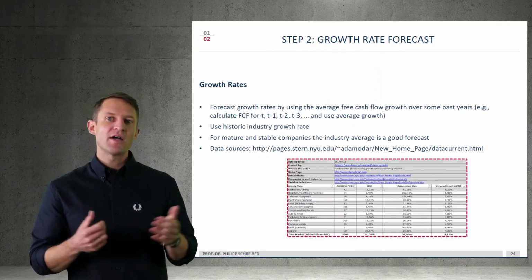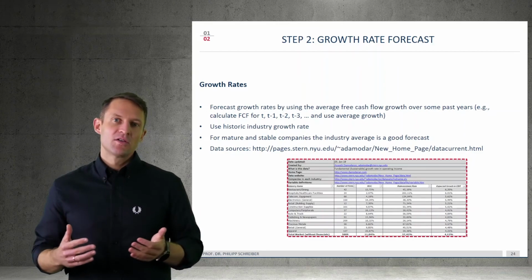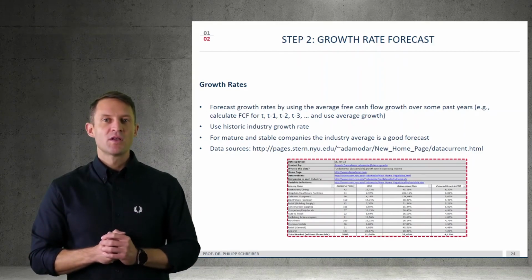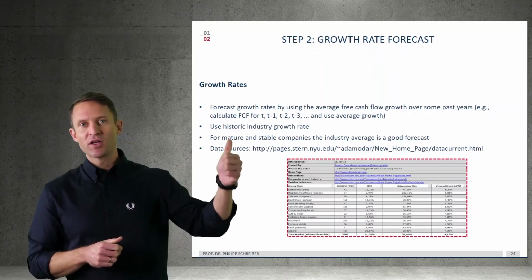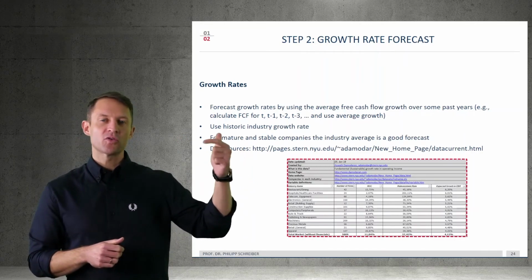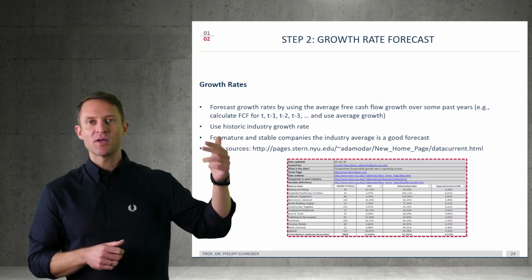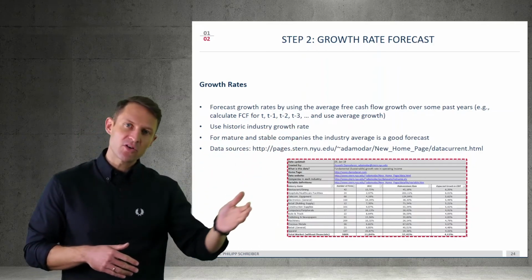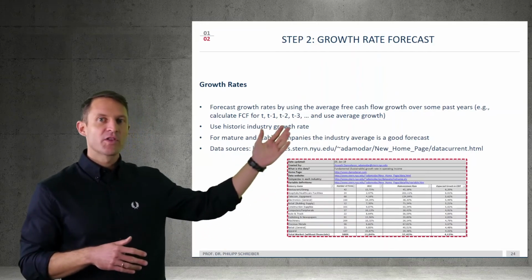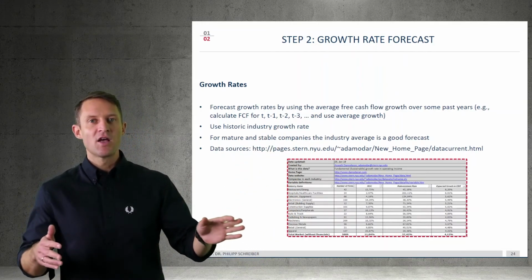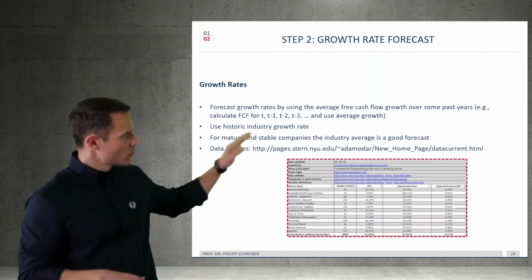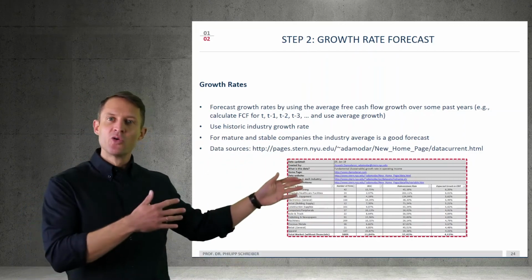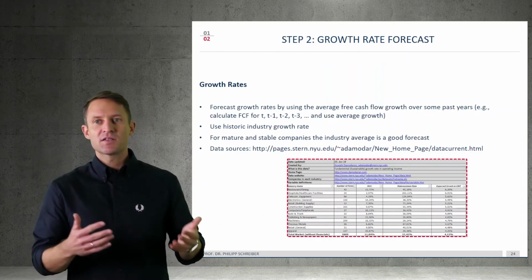And there are two ideas you could come up with. Let's say we are at the end of year 2022 and we calculated the free cash flow for 2021, for 2020, for 2019, 2018, and so on. What you could do is take the average cash flow growth over the past 10 years and say, okay, I just assume in the future the cash flow will grow by the same rate it grew in the past. That is something you could do.